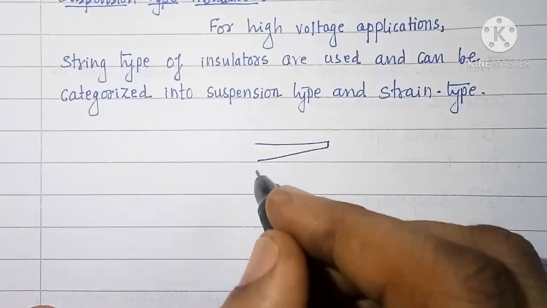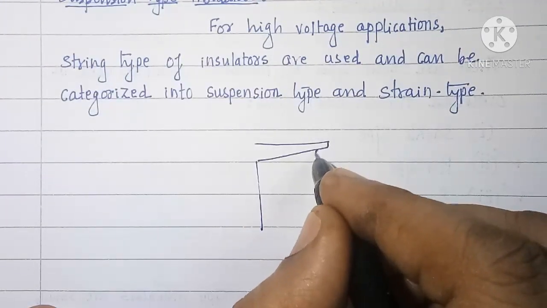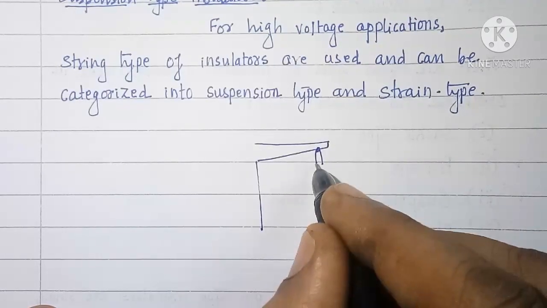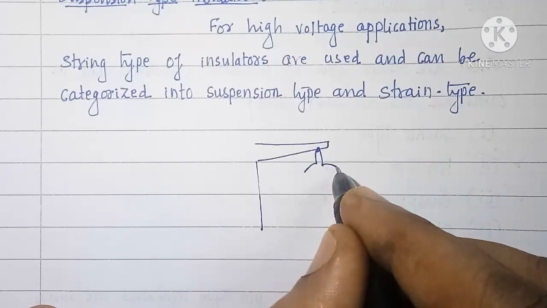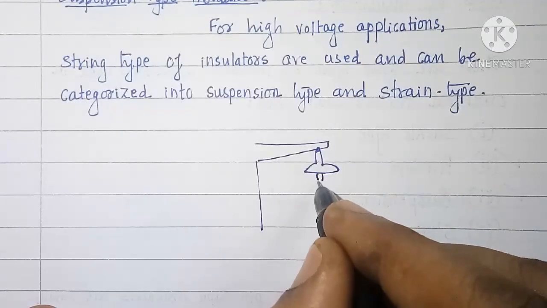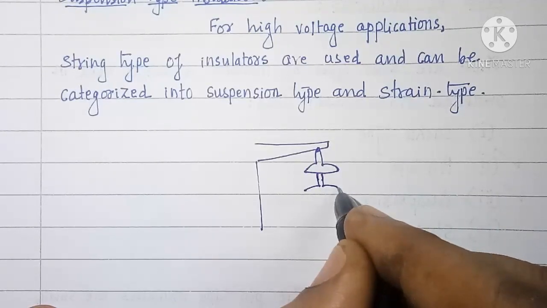So this is the cross arm of some tower. To the cross arm of the tower, a string made up of suspension type insulators is hung.